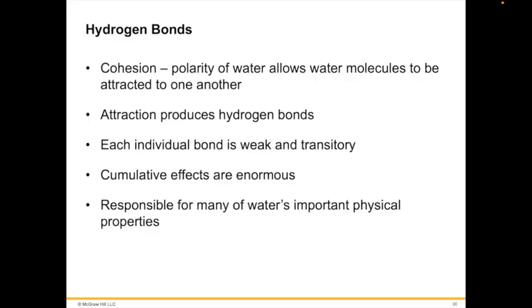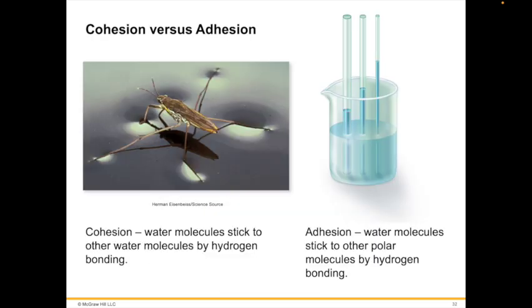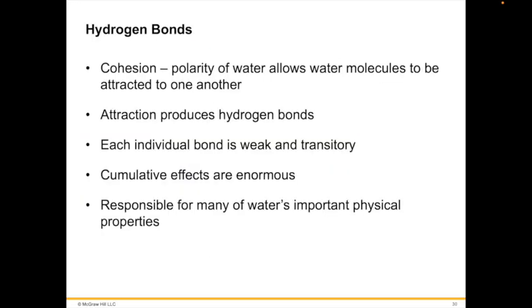The cumulative effects of large numbers of these bonds, however, can be enormous. Water forms an abundance of hydrogen bonds, which are responsible for many of its important physical properties, and those are shown in Table 2.3, which I don't have for you, unfortunately, but you can find it in your text. Water's cohesion is responsible for it being a liquid, not a gas, at moderate temperatures.